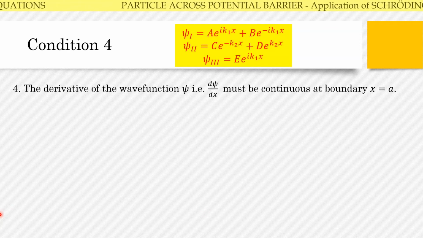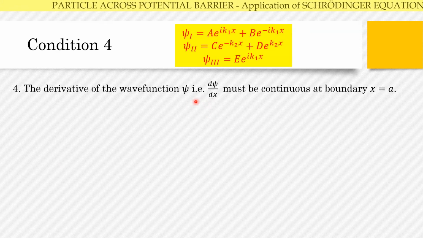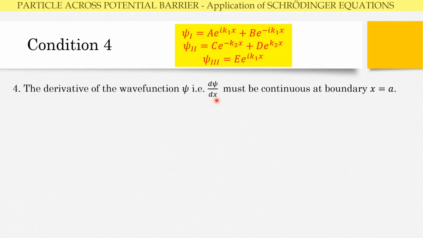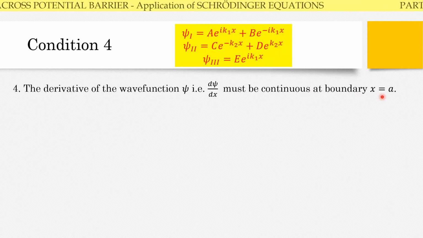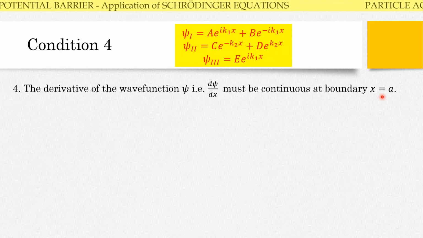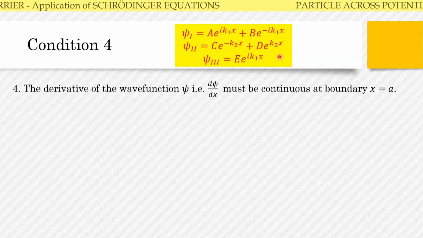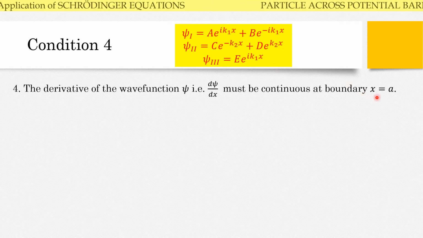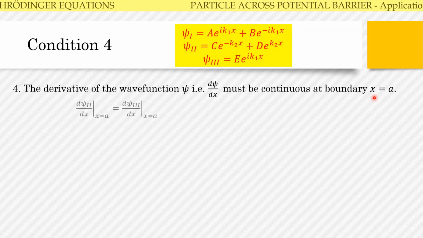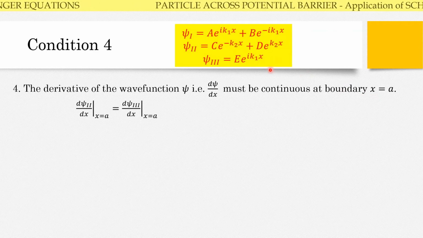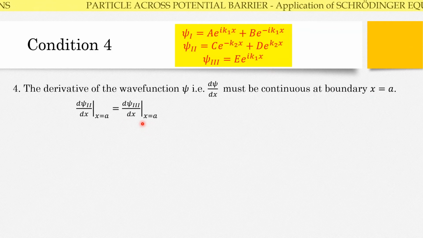So let us now make use of condition 4 finally. It says that the derivative of wave function psi must also be continuous at the second boundary of the potential barrier, which is x equal to a, which means that the two wave functions psi 2 and psi 3 are involved at the second boundary of potential barrier at x equal to a. So let us take derivative of psi 2 and psi 3 and equate them at the values x equal to a.